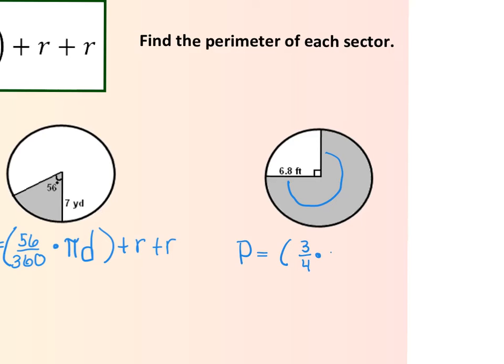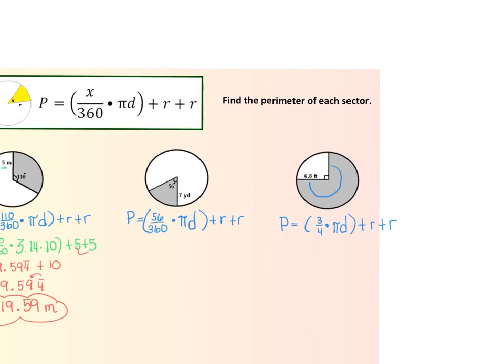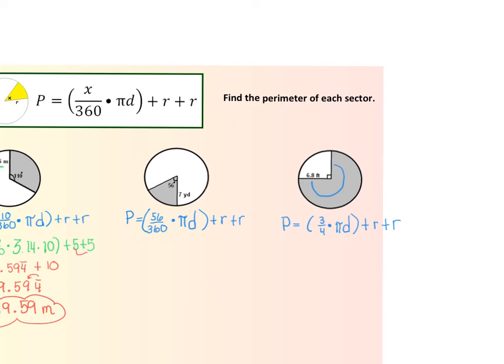So times pi d plus r plus r. I'd like you to try these two, so pause your video and then come back and see if you substituted and calculated and then in the end rounded correctly for your answers.